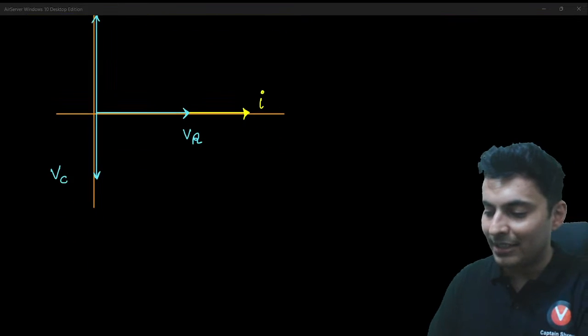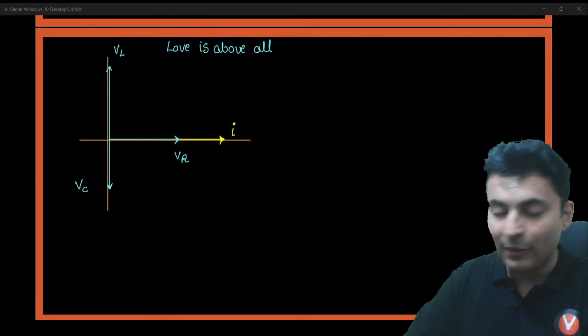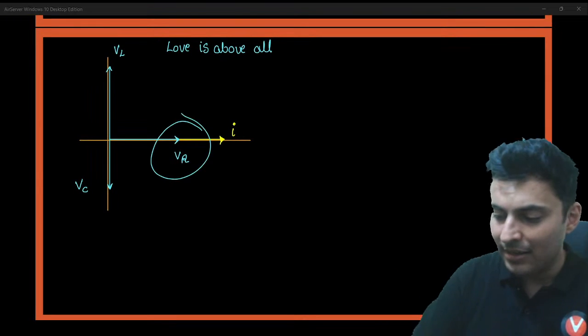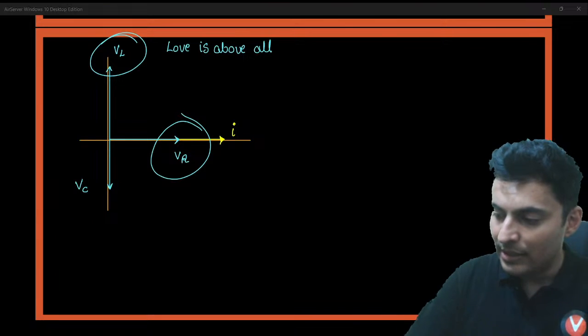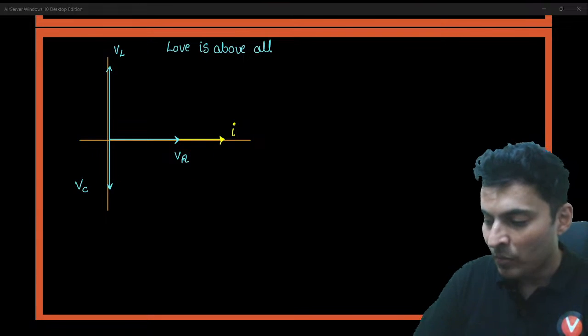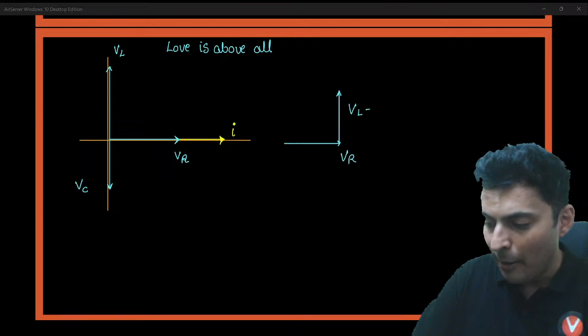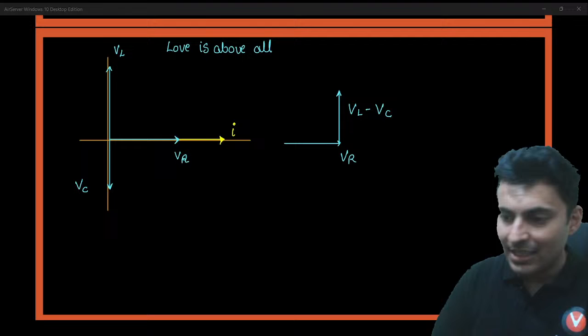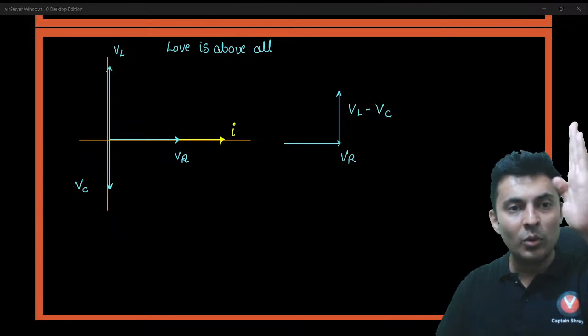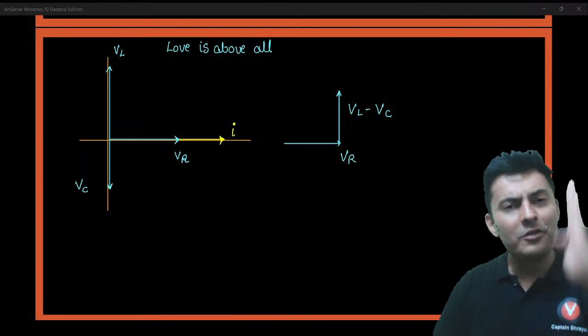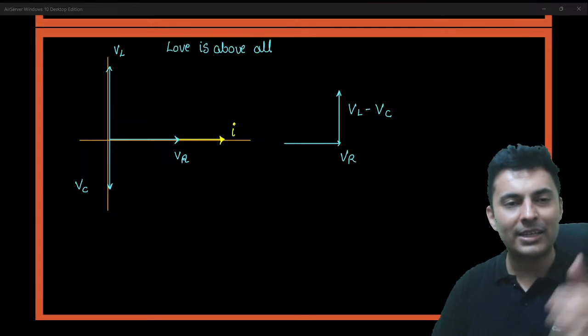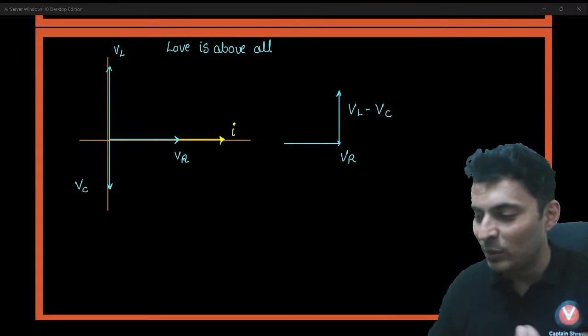Now, these three vectors, if you add them, VR, VL, VC, then it looks something like this. You will be left with VR over here, and you will be left with another vector over here, which is VL minus VC. VL is more, let's say VC is less, then VL minus VC is the leftover vector because both of them are opposite to each other.